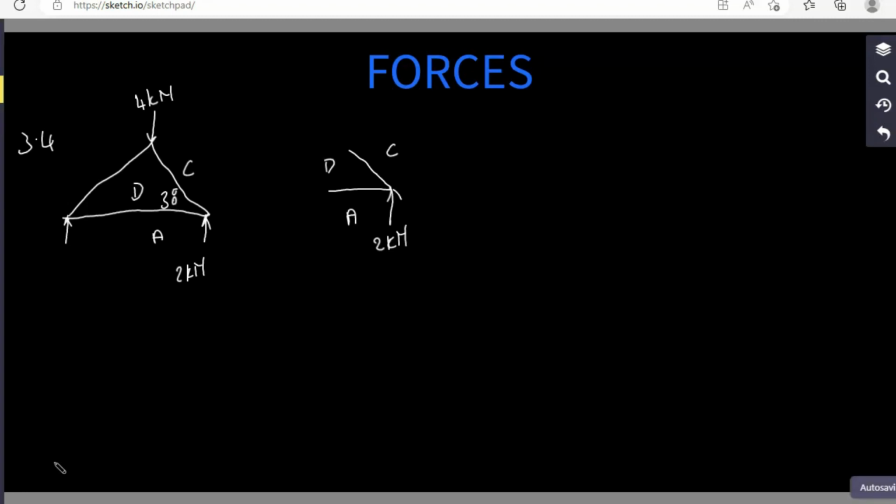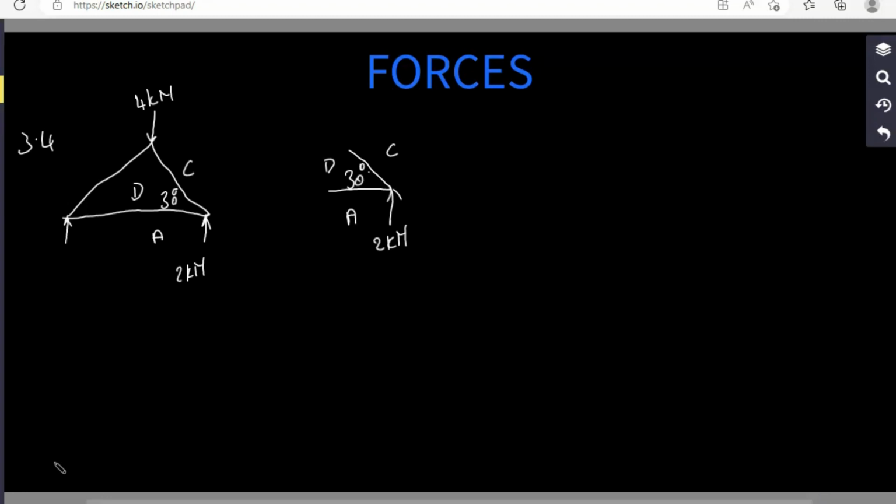So we are interested in this part, the angle is 30. We are asked to calculate the nature and the magnitude of the force that will be acting on these two members.